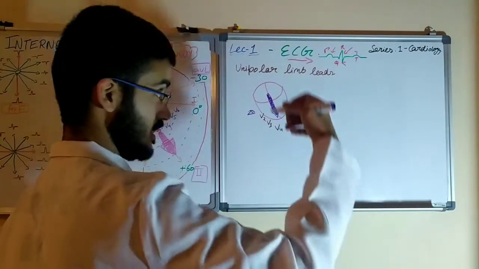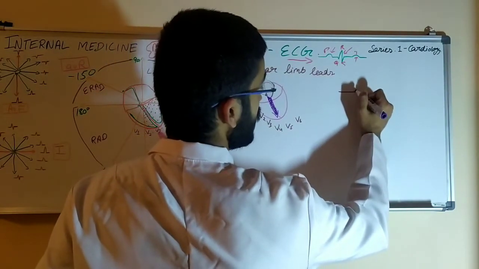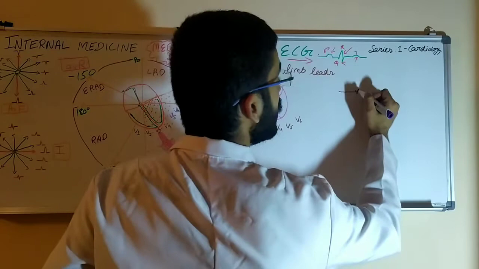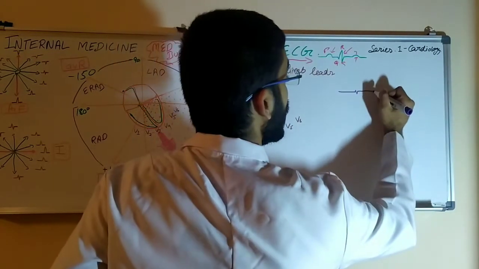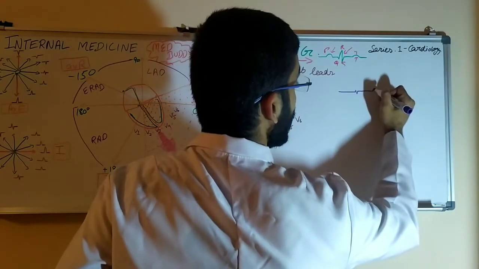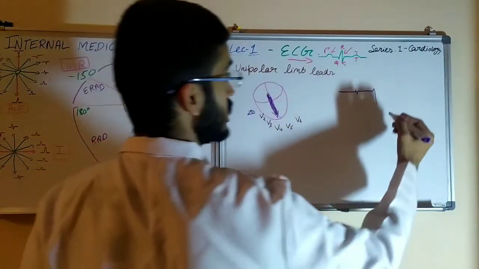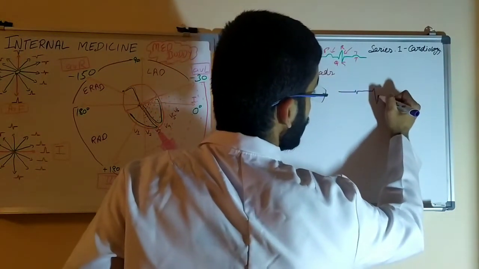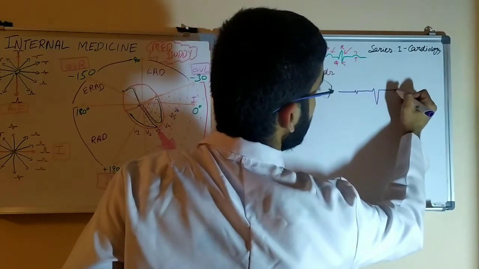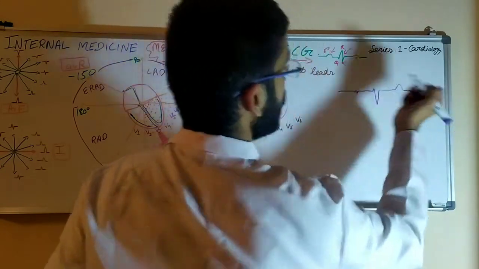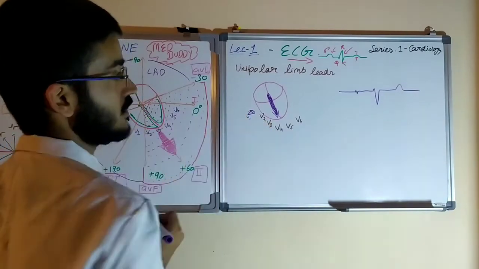So in most cases what appears is something like this: a very small biphasic P wave, since a smaller component is towards the lead and a larger component is away from the lead. That's why there is a large QRS wave in the negative direction, and then a T wave. So this is what is presented by the V1 lead.